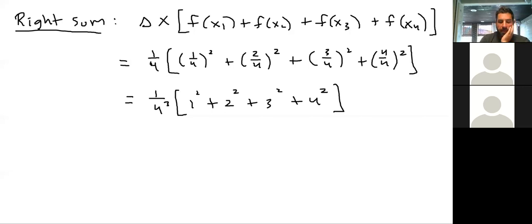And what happens if I add this up and divide? I get 0.46875.